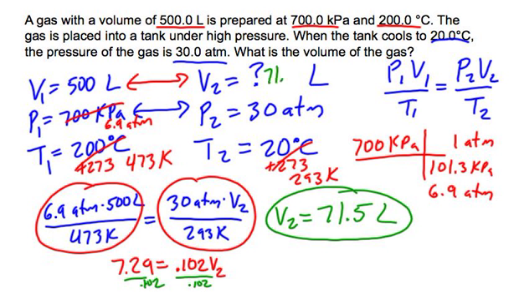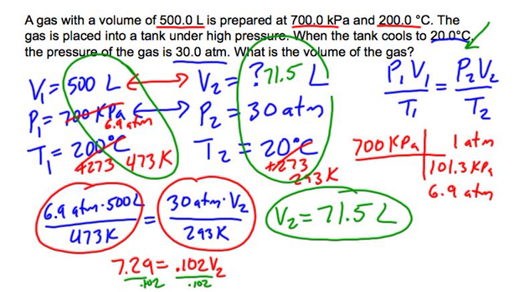But let's not just stop there. Let's take a minute and just double check our answer. We know that this equation is true. So that means if I were to take my values for P1, V1, and T1 and plug them in, P1 times V1 over T1, they should equal my values on the other side. So let's double check that. If I take 6.9 times 500 divided by 473, I get 7.3.